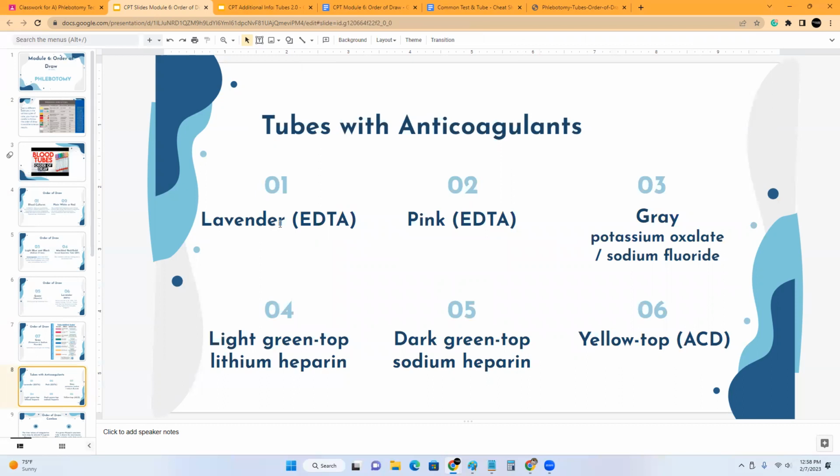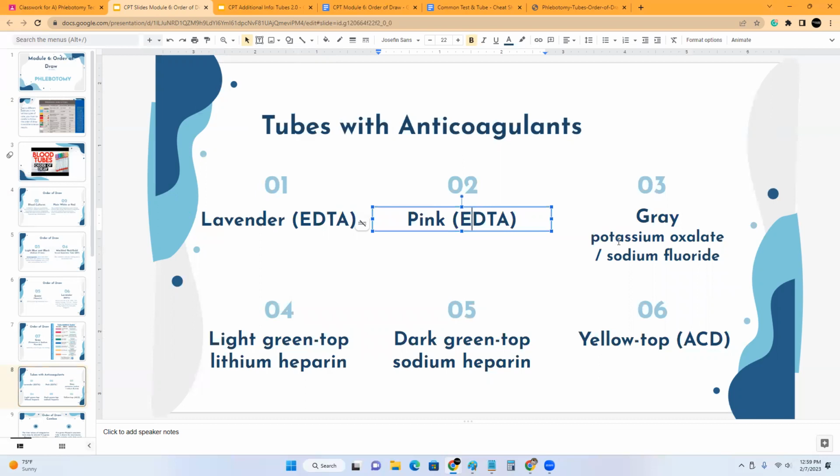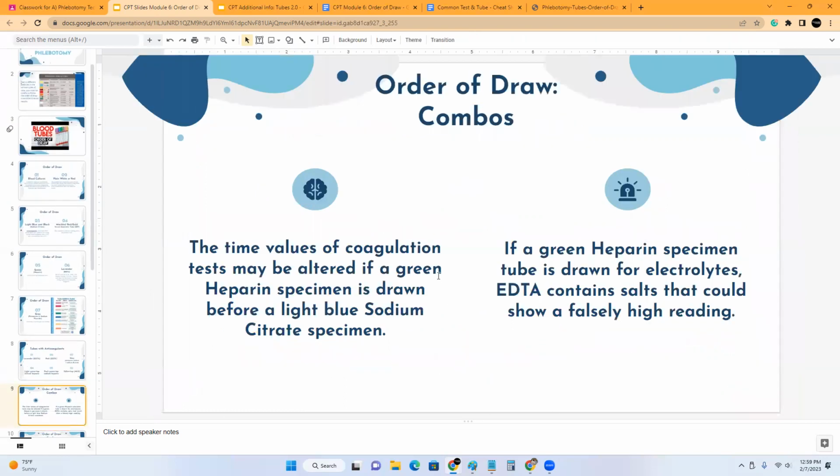All right, so we have tubes with anticoagulants, so it stops the blood from clotting inside the tube. Those are your lavenders, EDTAs, pink EDTAs, the blue EDTAs, whatever EDTA anticoagulant. Gray tube, light green with heparin, our sodium heparin, dark green, and our yellow top ACD tubes. Order of draw combos.